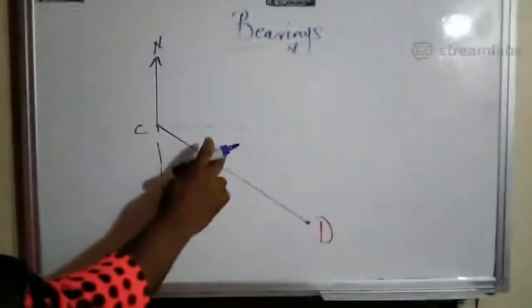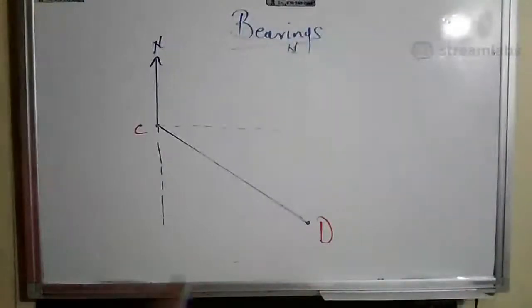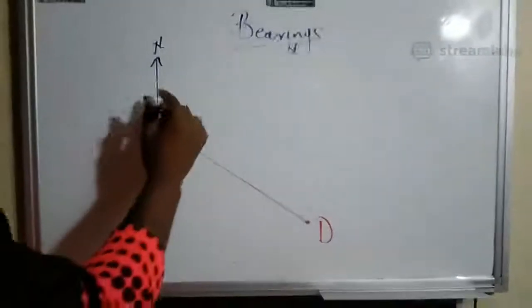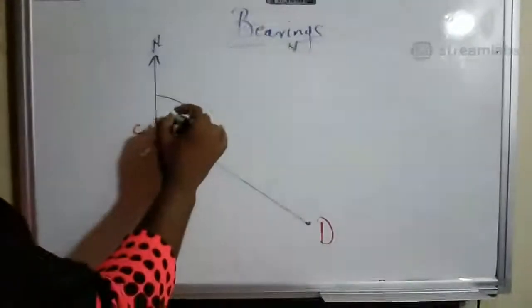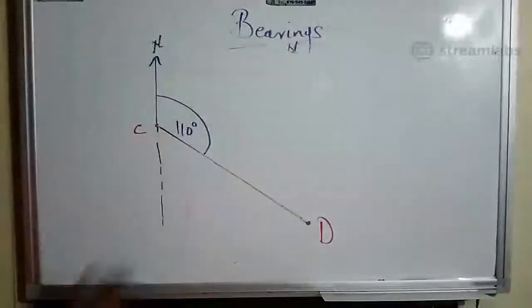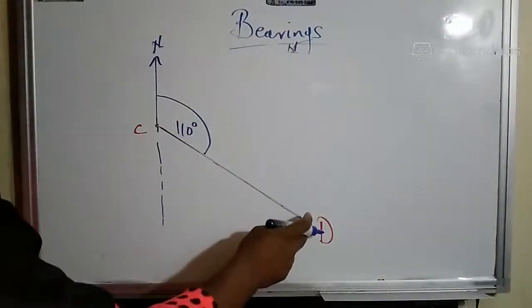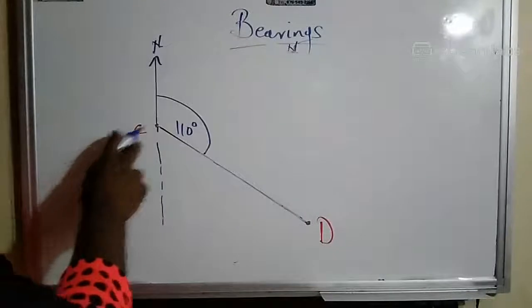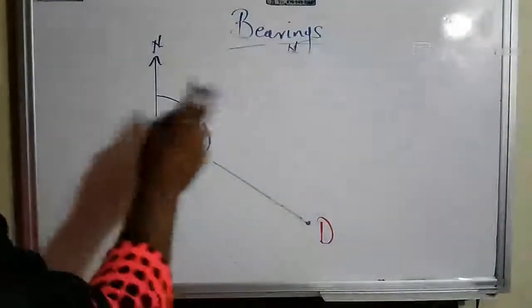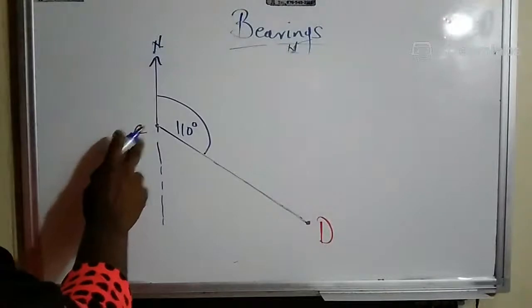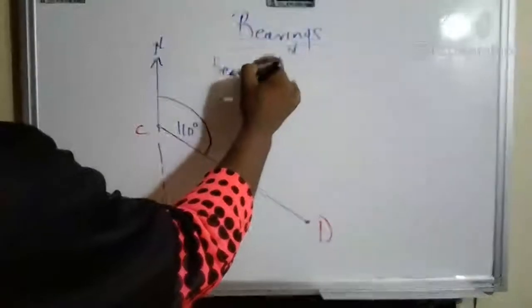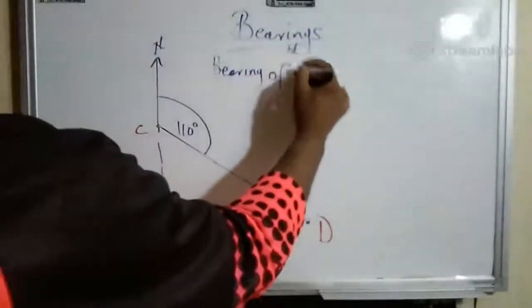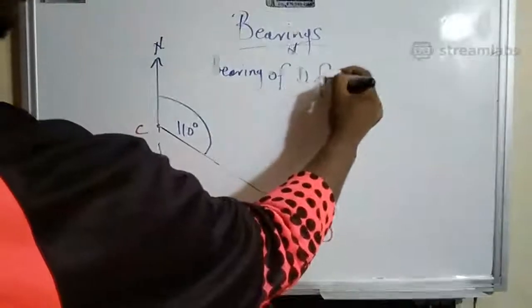So 90, let's say about 20. 90 plus 20, that's about 110. The bearing, and how would this read? This would read the bearing of D from C. Alright, remember the from, so let's just write that. This is the bearing of D from C.